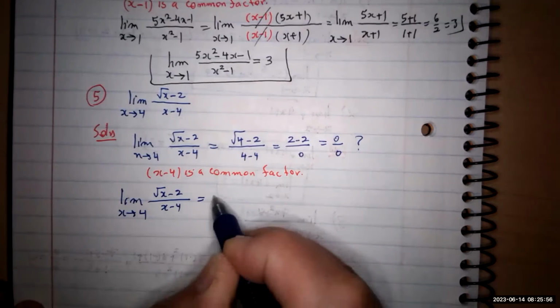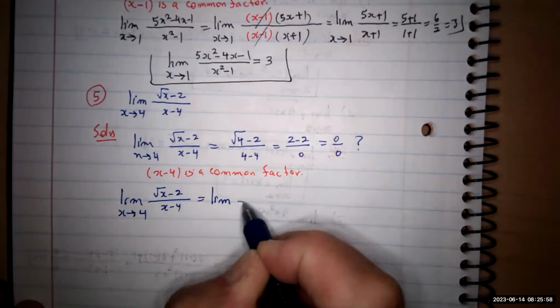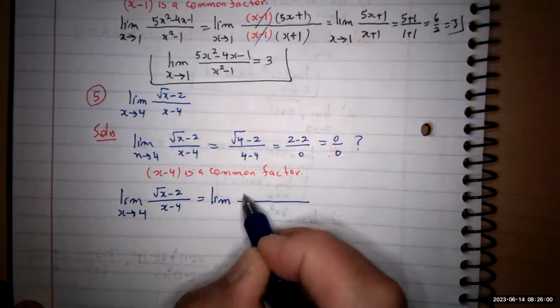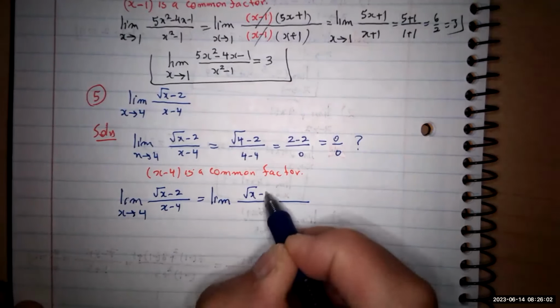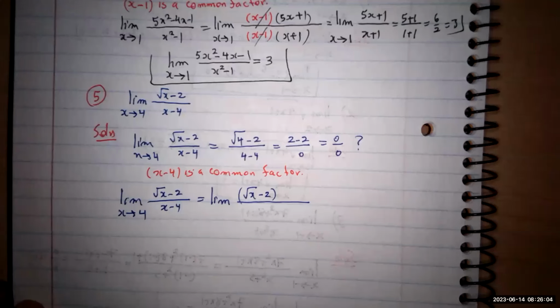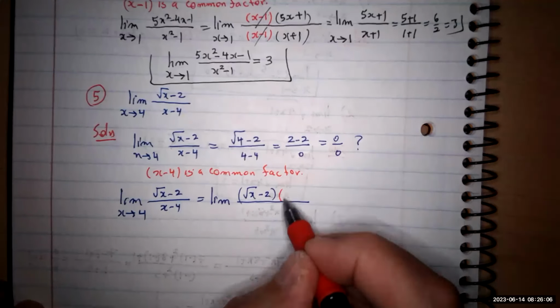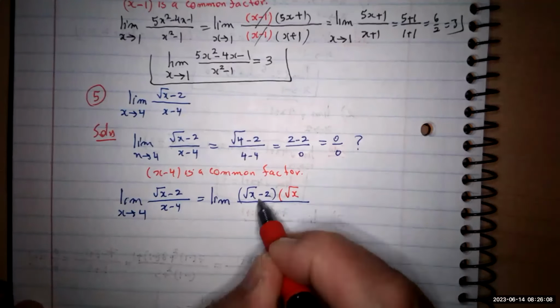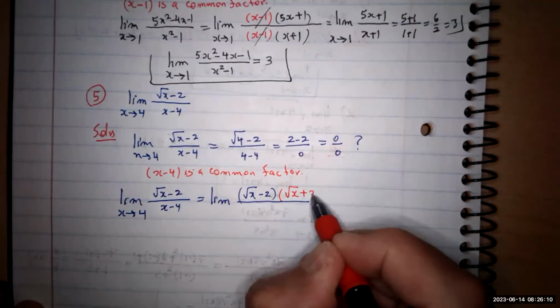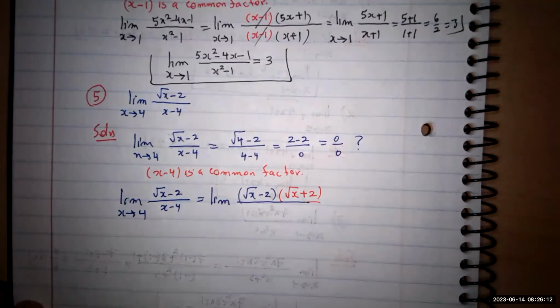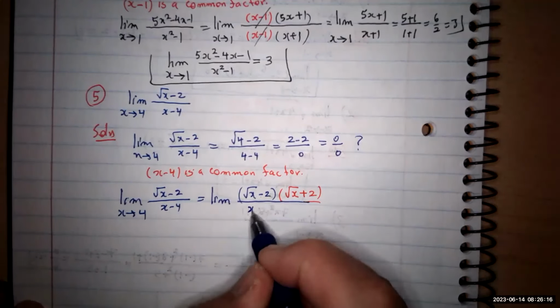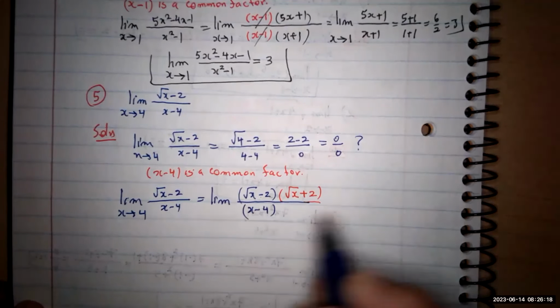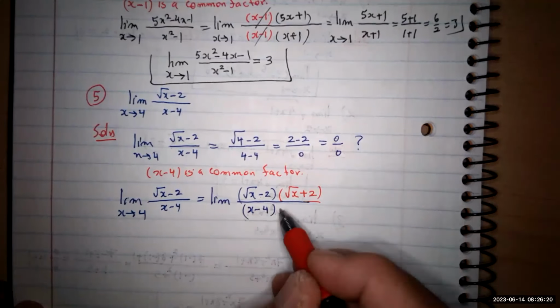You have the radical x minus 2. You have to multiply by its conjugate. Conjugate means you're just changing the middle sign. It's a negative 2, it's going to be positive 2. That's the conjugate. But you have to do the same thing to the bottom to balance it, if you like: x minus 4, again, with that conjugate.